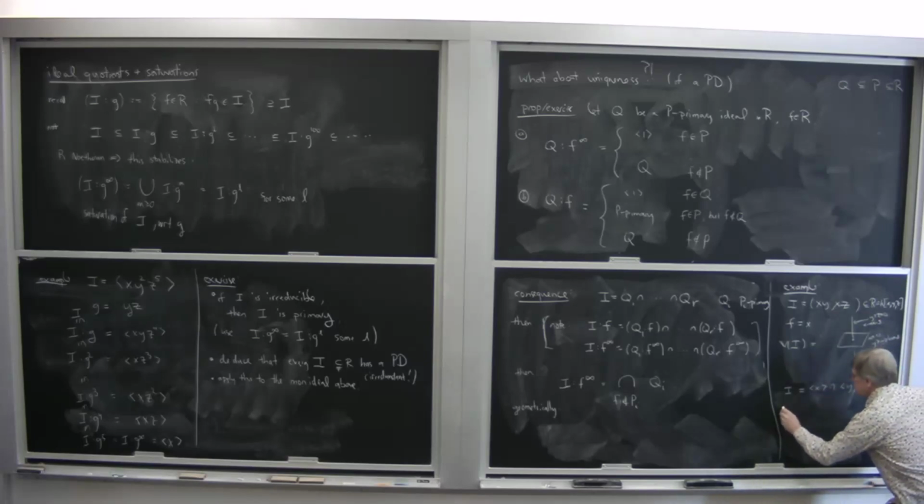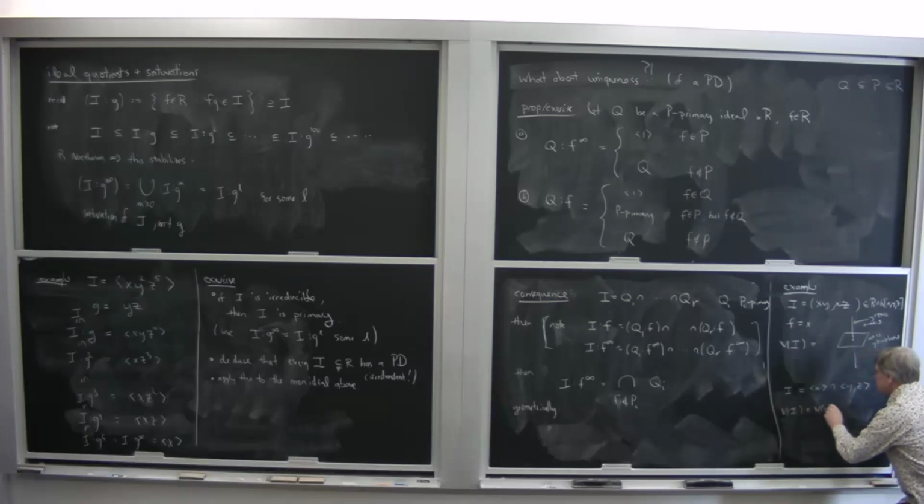Okay, so let me say V of I is equal to the zero set of x union the zero set of y and z inside of 3-space. I have a union here. The ideal is the intersection of these things.